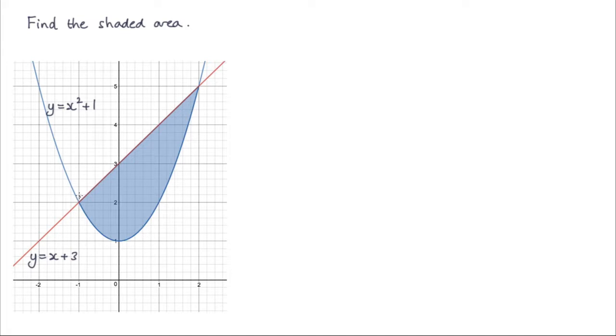The limits are from this point and this point, and we want the x values. Now it looks as if those are -1 and 2, but we should actually check. The way we check is to put these two functions equal to each other. What we actually have is y equals x squared plus 1, and we also know that y is equal to x plus 3.